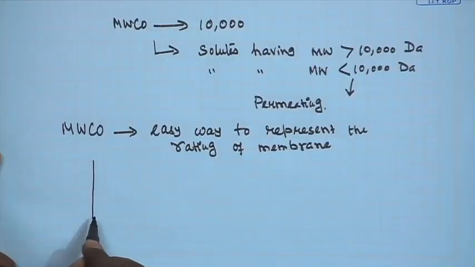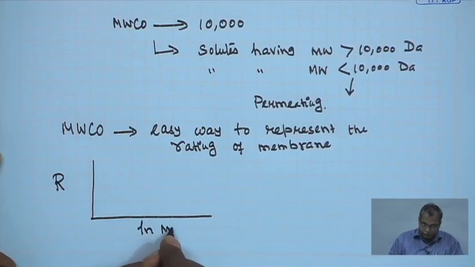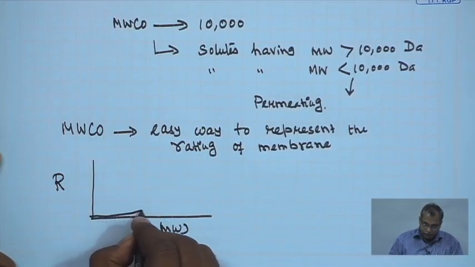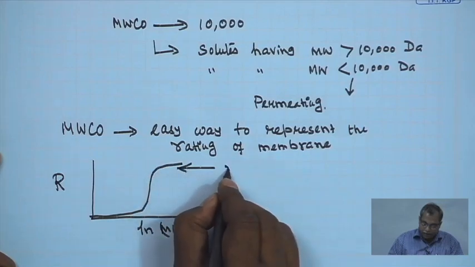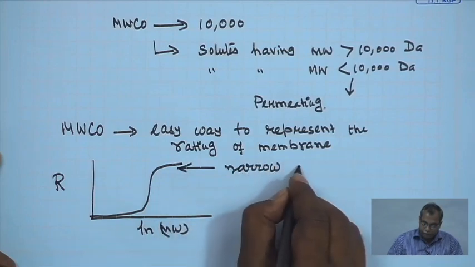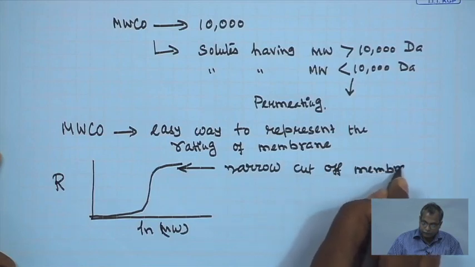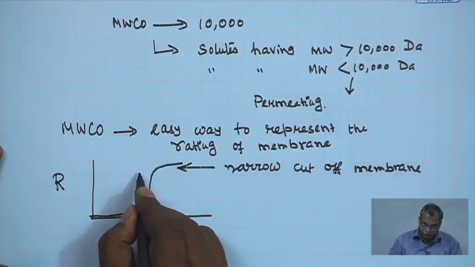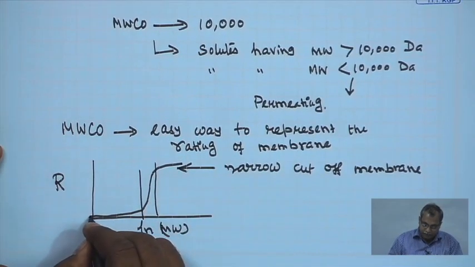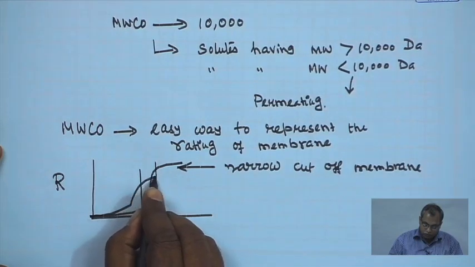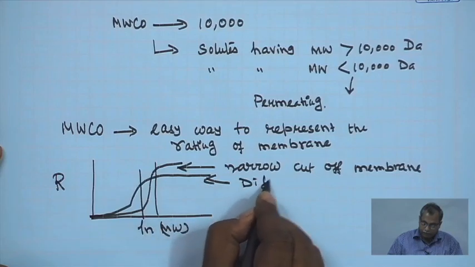Now, if the distribution of retention versus molecular weight is very sharp, then it is called a narrow cutoff membrane, because the variation is very small, and if it is wide, then this is known as the diffused cutoff membrane.